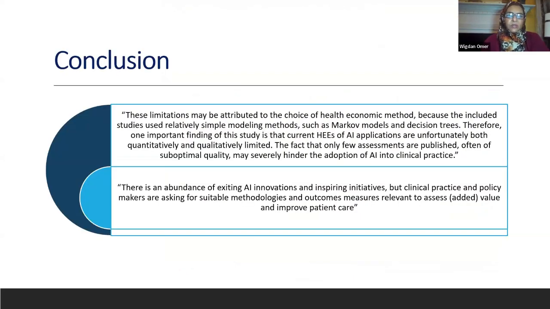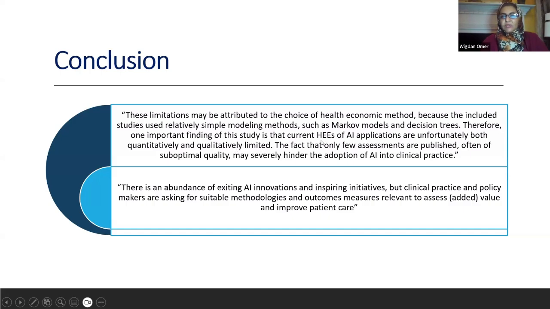So the review concluded that there were limitations in these studies, and these limitations may be attributed to the choice of health economic methods. It claims that the model types used were relatively simple, which are the Markov and decision tree, and therefore they're unfortunately both quantitatively and qualitatively limited.